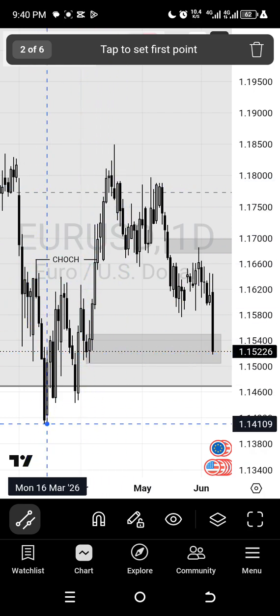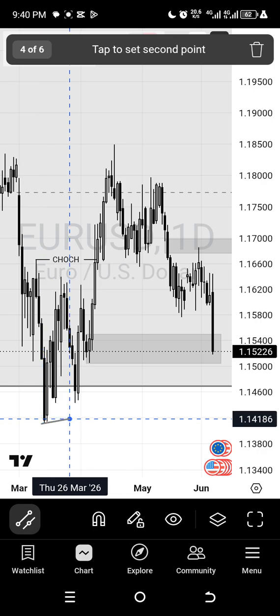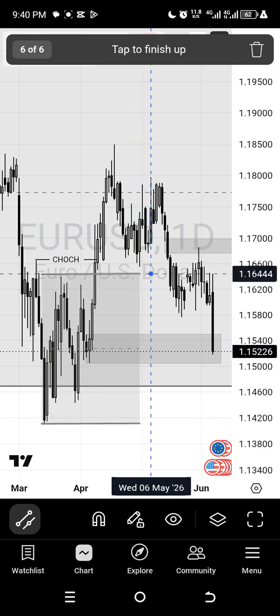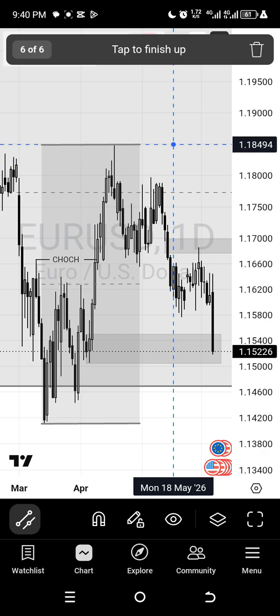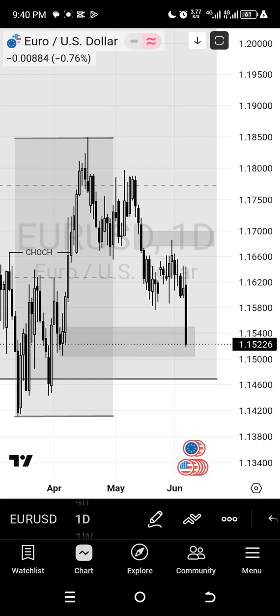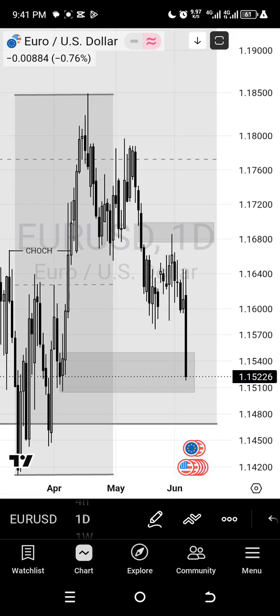So we can call that a bullish dealing range, right? Based on that, we can divide our chart into two, and we got our premium and our discount, right? So the market is tapping a bullish key level at the discount of this bullish dealing range.